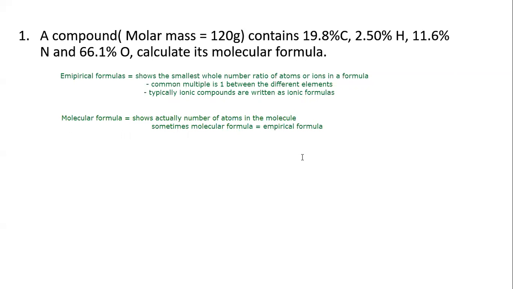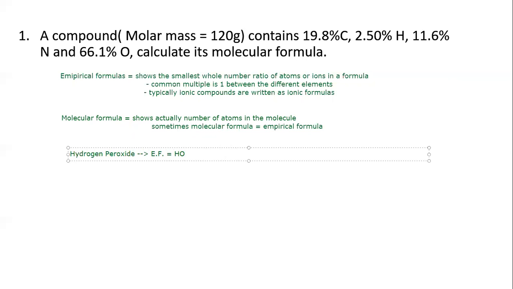So to give you an example of the difference between the two, we'll start with something like hydrogen peroxide. Its empirical formula is HO. So you'll notice the whole number ratio between the atoms is 1.